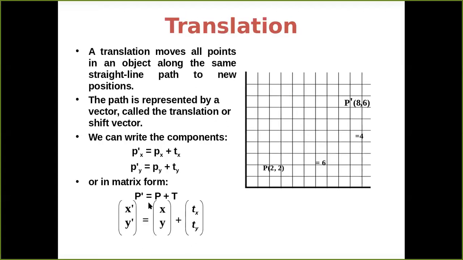We also did an example with 5 points, translating them by giving Tx as 2 and Ty as 3.